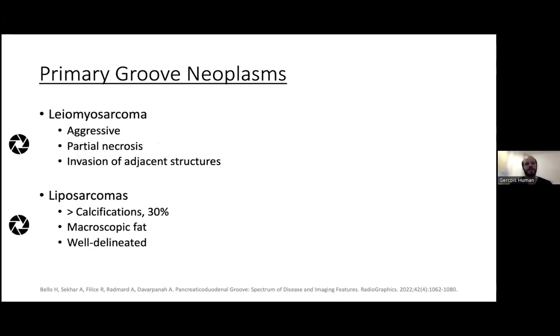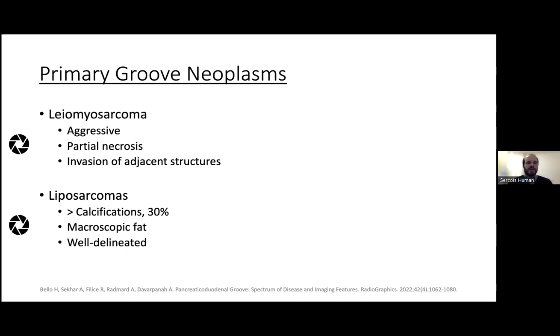Looking at leiomyosarcomas and liposarcomas, the leiomyosarcomas tend to be quite aggressive. You can find that they have necrosis inside, and given these aggressive features, they will usually invade the adjacent structures.